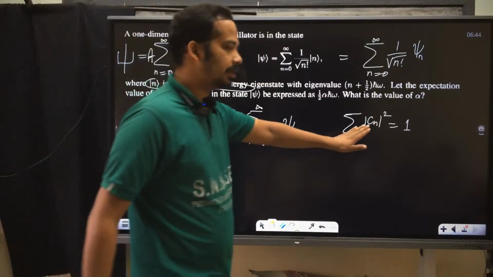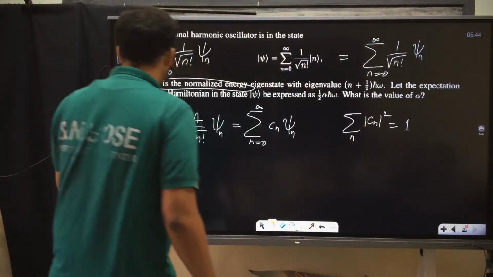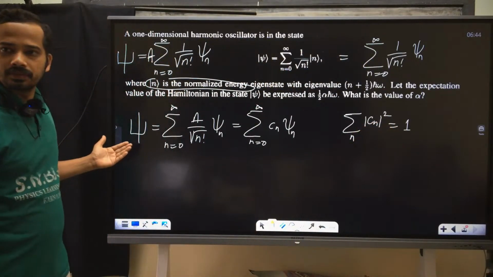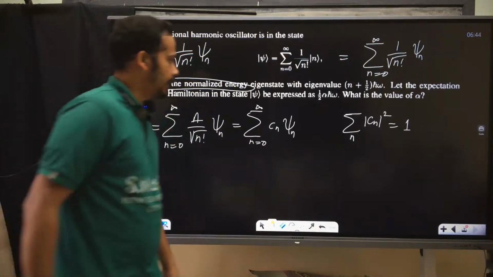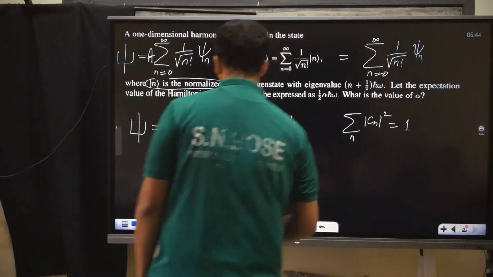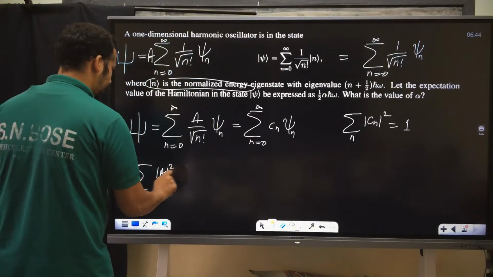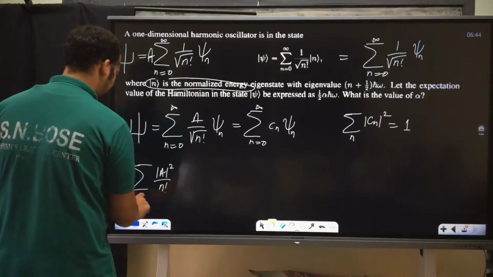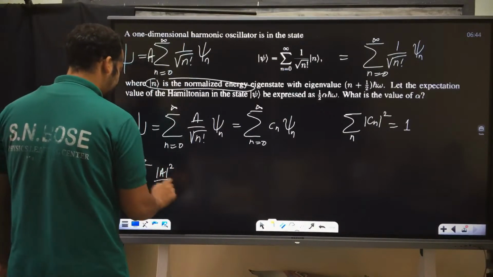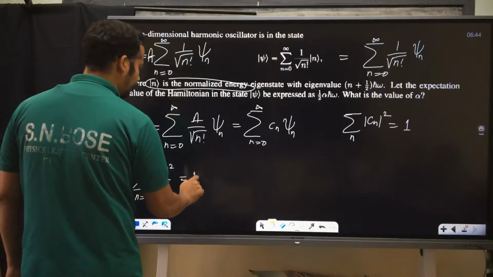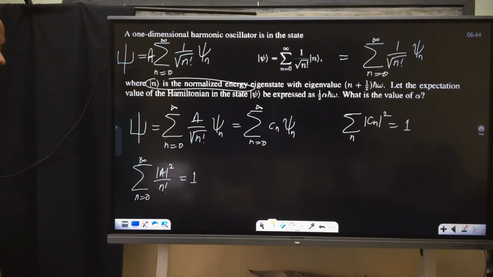In Griffiths, he has done how this is equivalent to the integral way of normalizing. Now this is equal to summation over mod a square into n factorial, n equal to 0 to infinity, equal to 1. We had better spend one class on series convergence, Taylor series, power series, and all.